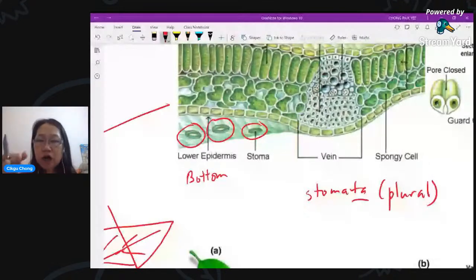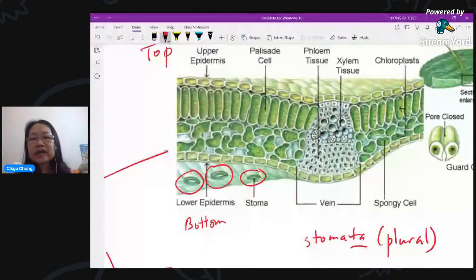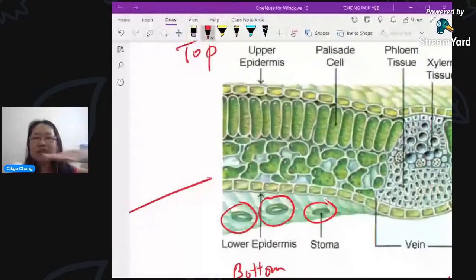And for a reason. Do you know what is the reason? Why is it made in such a way that you have more stoma on the bottom epidermis compared to the upper epidermis? Think about the logic of it. The top side of the leaf is always exposed to what? What is up there?